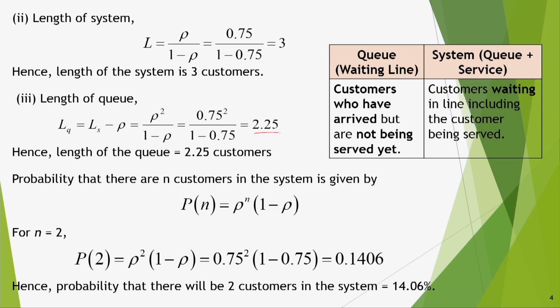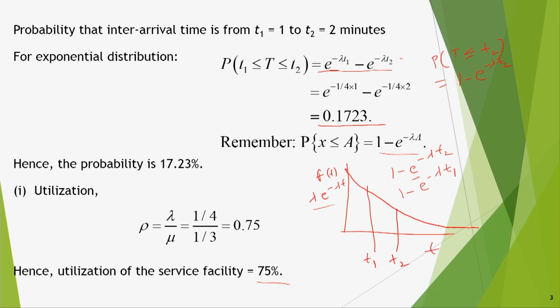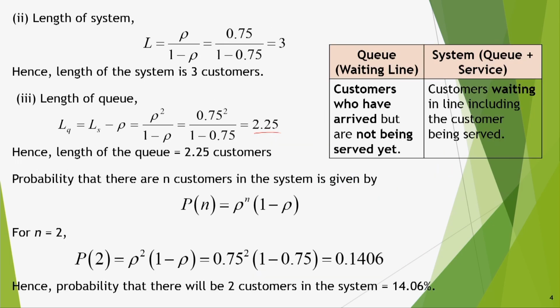Now we want to see what is the probability that there will be 2 customers in the system at any point of time. So I want to know whether the system length will be 2.